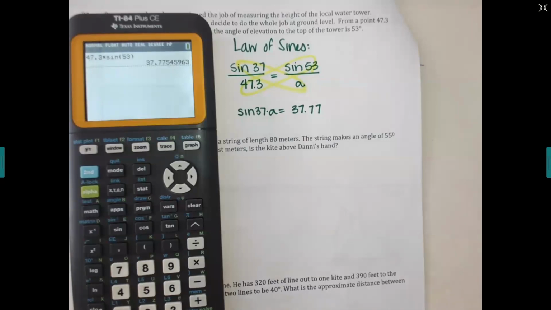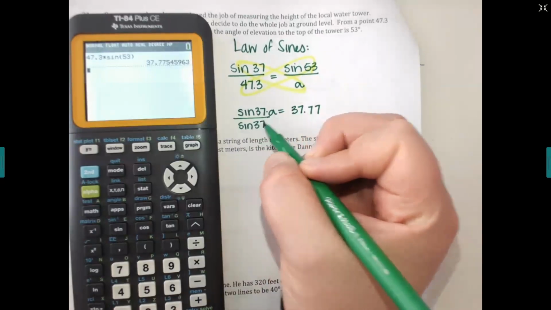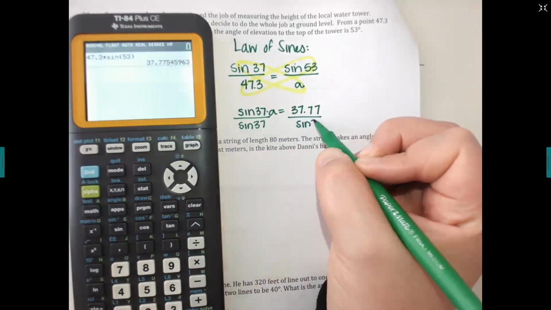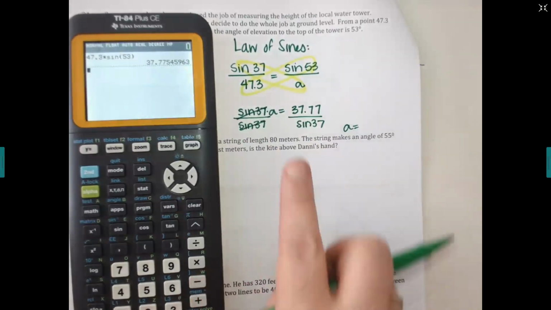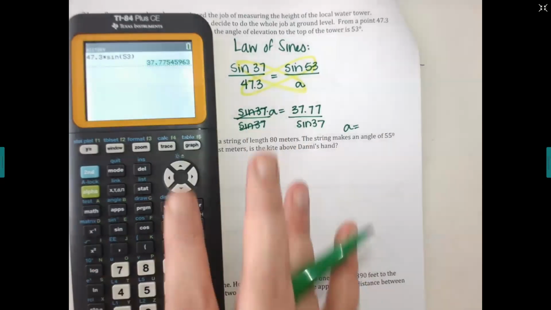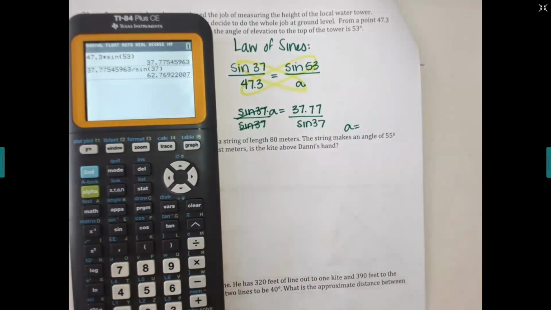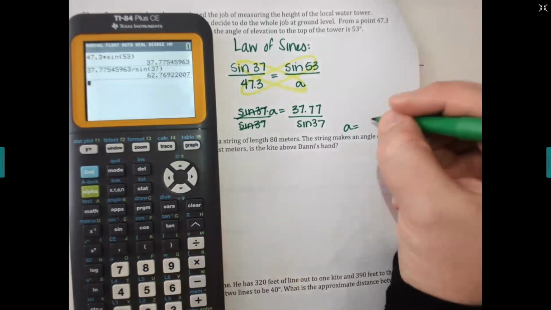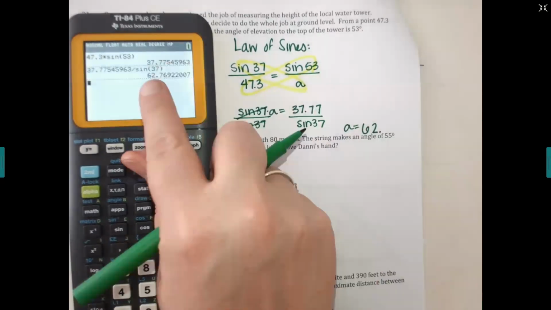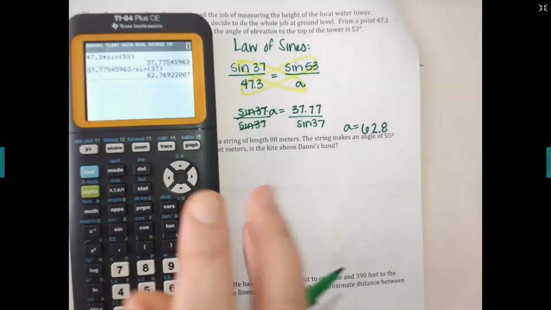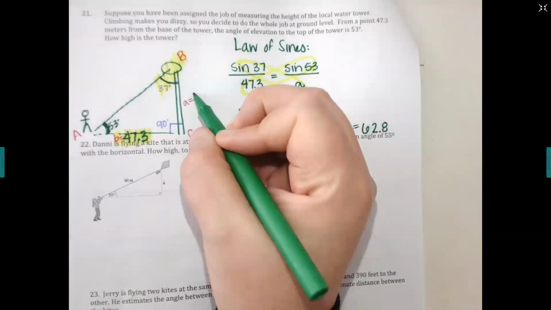And if I want A by itself, then I need to divide this sine 37 out of the front here. So then I have A equals 37.77 divided by sine of 37, which gives me 62.7. We'll round that 7.6 up to 0.8. So that is how tall this tower would be.